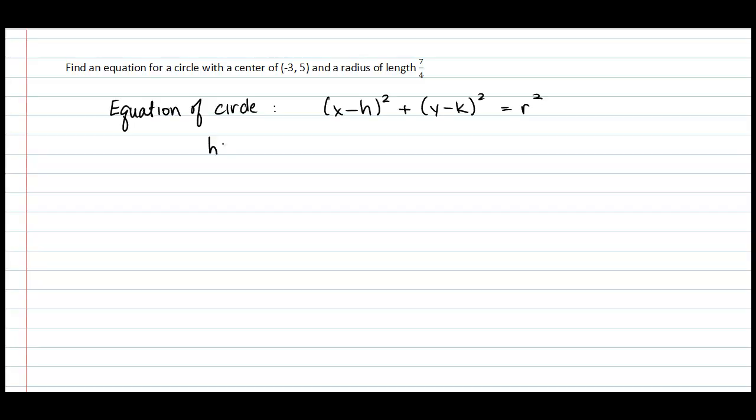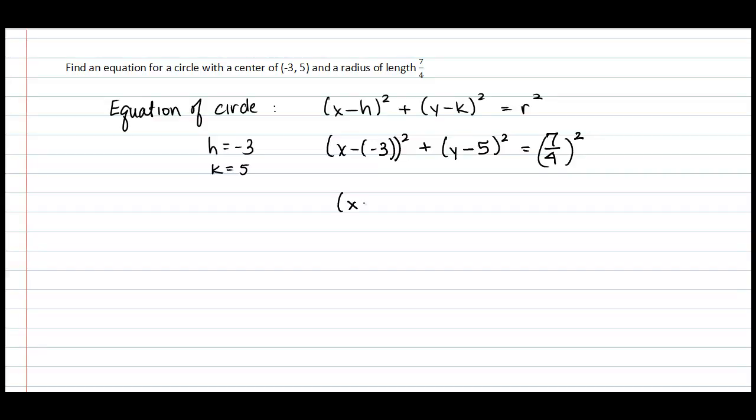In this case, my h is -3, my k is +5. So that is x minus -3 squared plus y minus 5 squared is equal to the radius of 7/4 squared.